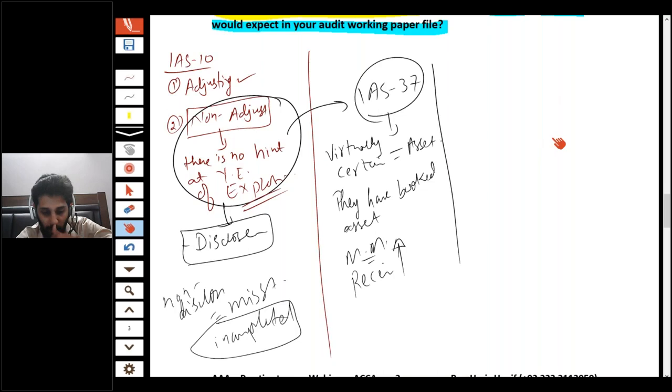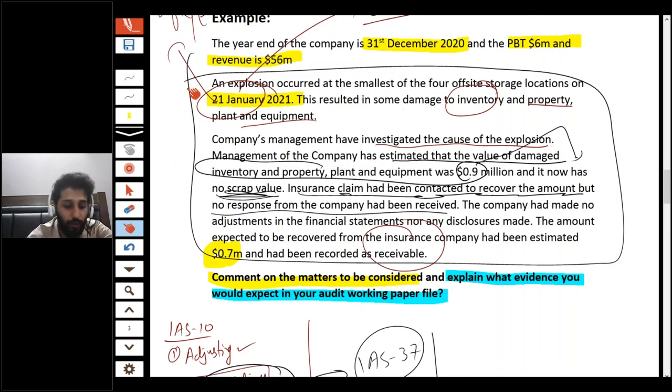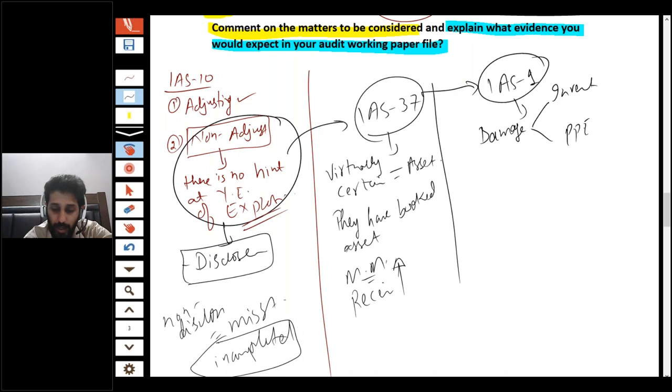One more important thing: it says the explosion occurred at the smallest of four offsite storage locations and resulted in damage to the inventory and property, plant and equipment. Here IAS 1 is also being touched, because the damage is to inventory and property, plant and equipment, and there is a risk of going concern.